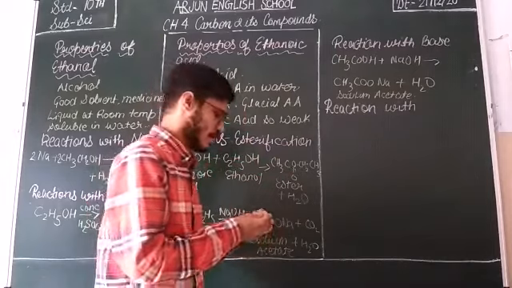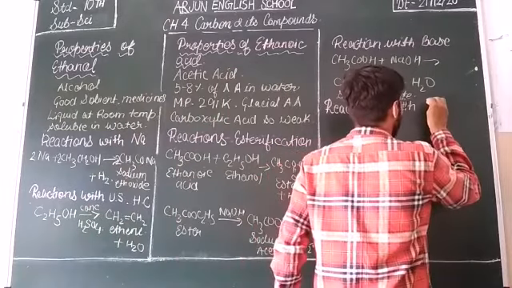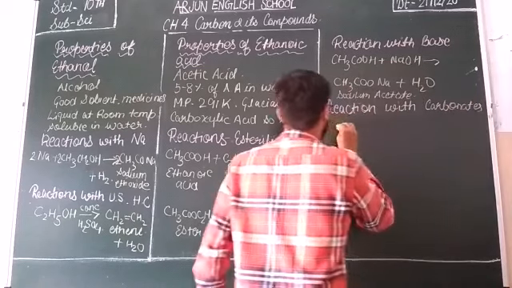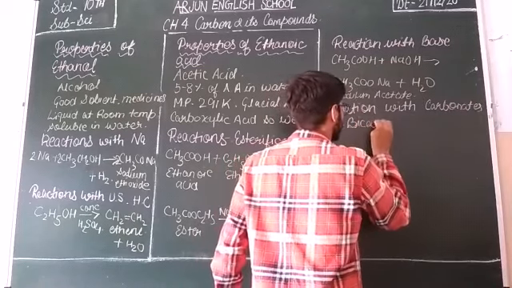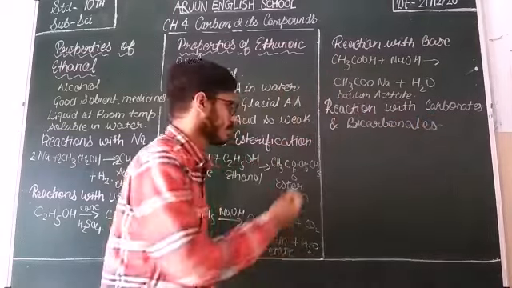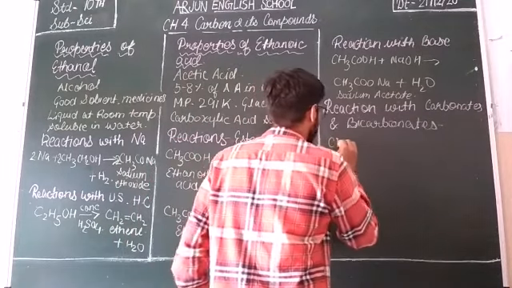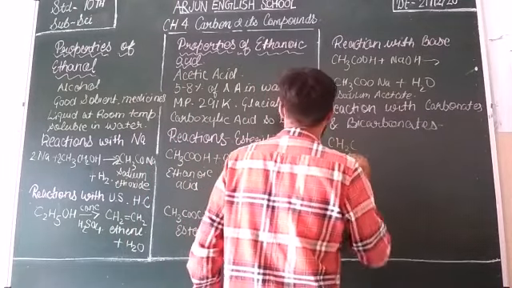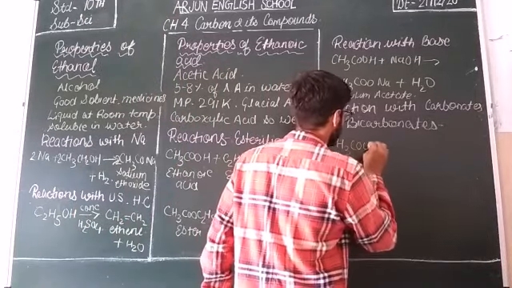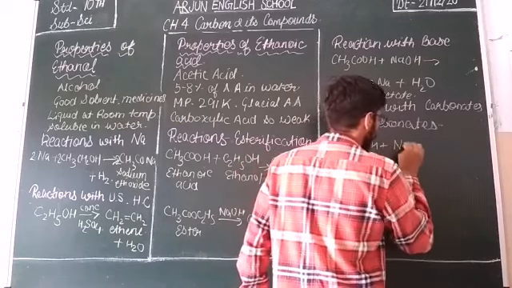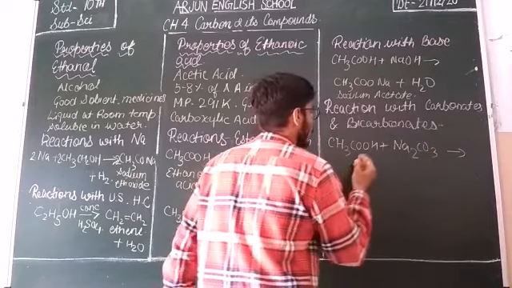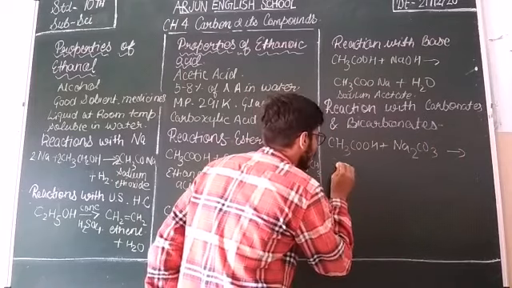Now, reaction with carbonates and bicarbonates. So CH3COOH, when it reacts with sodium carbonate, what is the result?